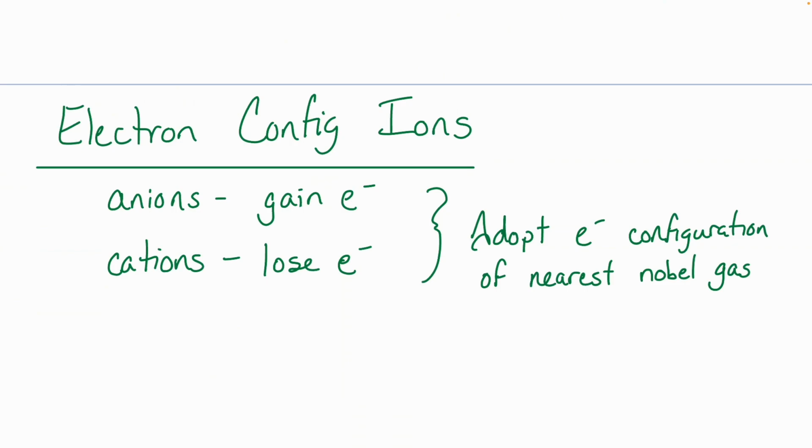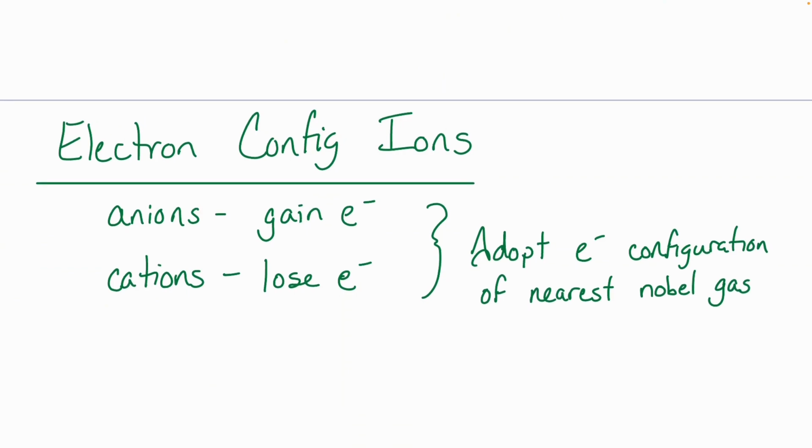They're all nice and stable all by themselves because they have these full valence shells. So why are cations losing electrons? Because they want to get to a noble gas configuration. Why are anions gaining electrons? Because they want to get to that nice, stable noble gas electron configuration. All right, so in each of these cases, if we take a metal, it's going to lose electrons in order to get to its nearest noble gas. An anion is going to gain electrons in order to get to its nearest noble gas.